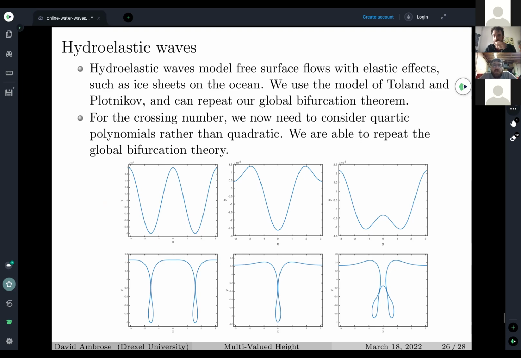This is a model for free surface flows with elastic effects, such as ice sheets on the ocean, using a model of Toland and Plotnikov. And so we can repeat the global bifurcation theorem, and we can repeat the computations, and we're able to get very complicated multi-valued height structures, more complicated than what we had in just the surface tension case.